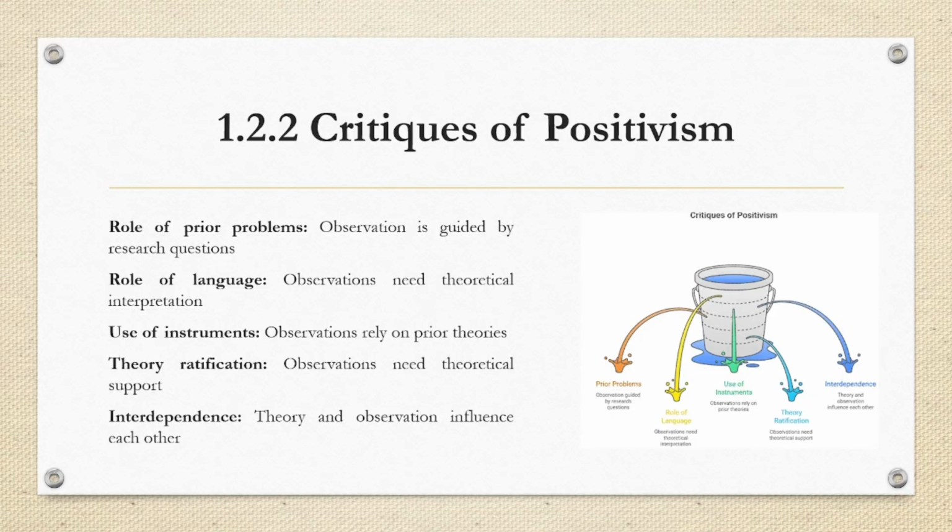Another criticism involves language, since observation usually requires theoretical interpretation. Researchers also rely on scientific instruments, which are themselves based on prior theories. Therefore, critics argue that theory and observation are closely interconnected rather than completely separated.